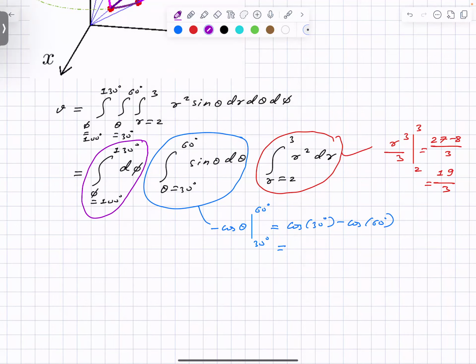You can do it in radians, but just be consistent. All my angles are right now in degrees, so that's why I said put it in degrees. But you could convert to radians.